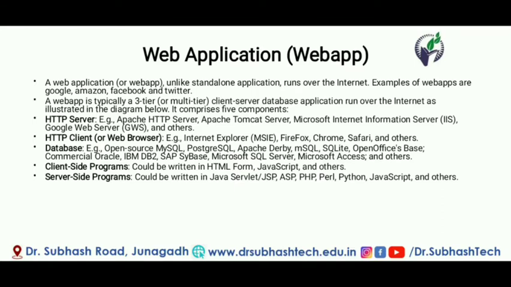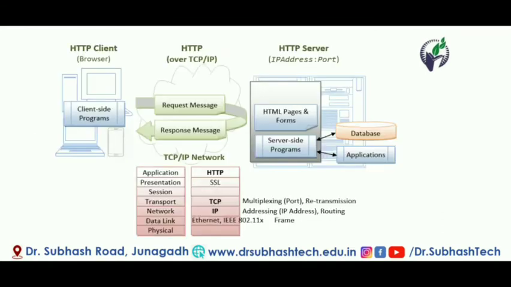Now we see the architecture of a web application. Here is the architecture, or we can say the working of a web application. First of all, the HTTP client, or we can say the browser, resides at the client side, and client side programs reside at the browser side. It requests data from the HTTP server via the HTTP network, or we can say the HTTP protocol.